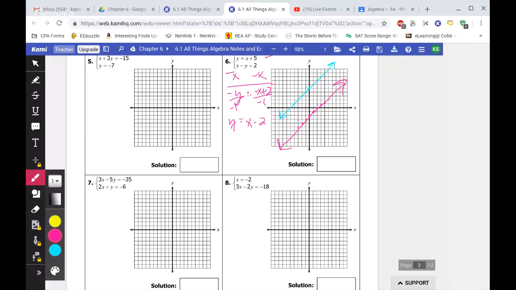Yes, which just means 0 or no solution, because parallel lines means that they're never, ever going to intersect. Does that make sense? Yes, ma'am.